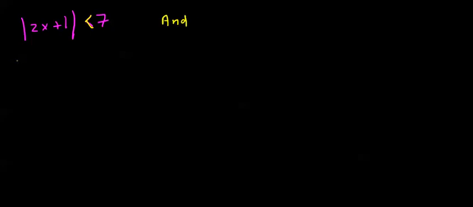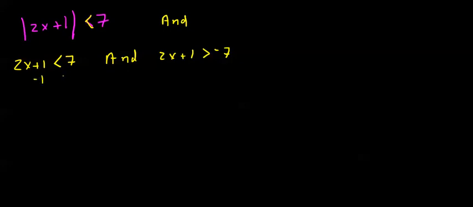So my two inequalities are 2x plus 1 must be less than 7 and 2x plus 1 must be greater than negative 7. If 2x plus 1 equals 8, that's not going to work. If 2x plus 1 equals negative 8, that's not going to work. But if 2x plus 1 equals 4 or negative 4, the absolute value would be 4. We'd be good to go.